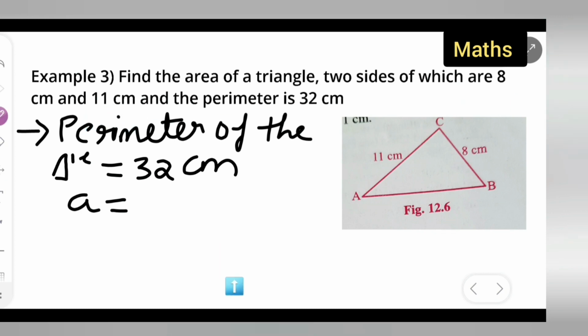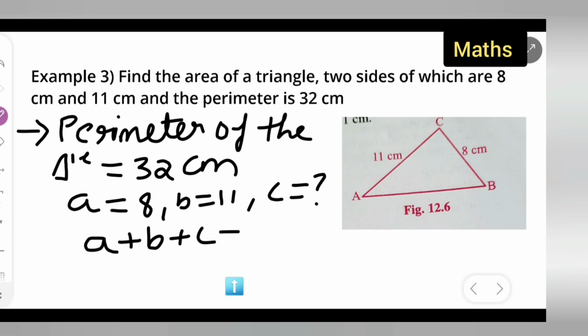C is not given, right? Value of B is 11 and C is something which is not given. So what you are going to do is A plus B plus C is equal to the perimeter. Perimeter is what? 32. So basically you have to find the value of C. So A is 8, B is what? 11 plus C is equal to 32.